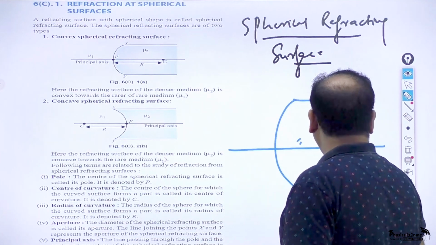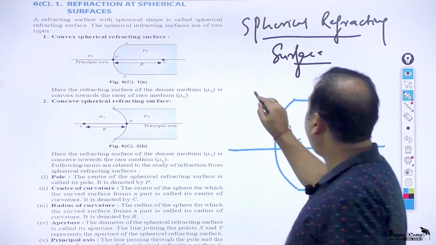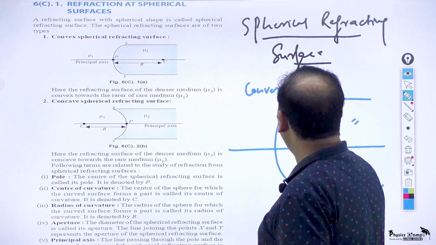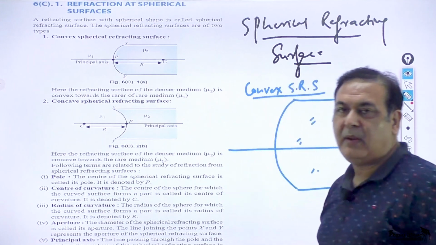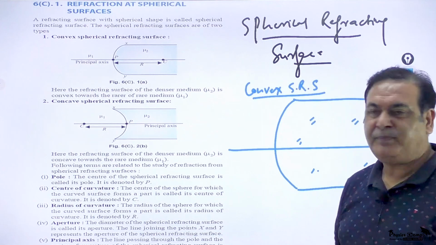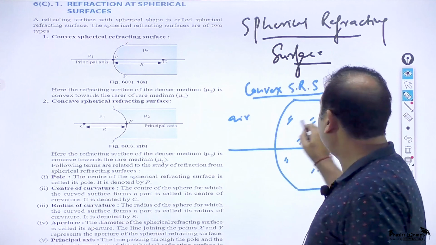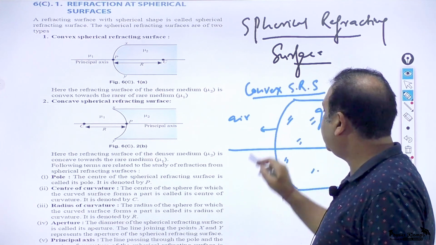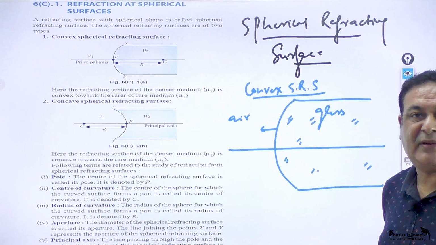So a spherical refracting surface like this, I call it a convex spherical refracting surface. Why do we call it a convex refracting surface? Because its denser medium is convex towards the rare medium. We call it convex refracting surface.